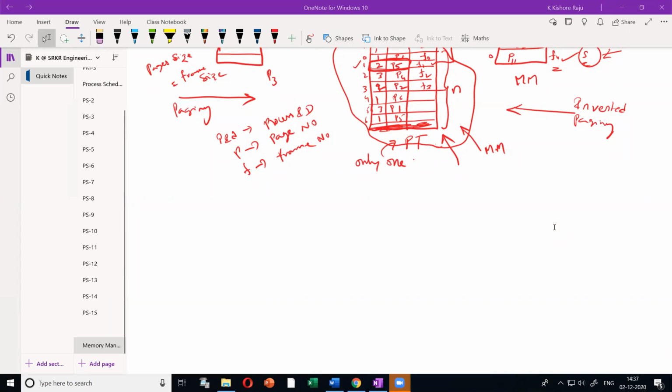Till now we covered swapping, without swapping, with swapping, free space management techniques, paging, speeding up paging, page table structure, multi-level paging, and then inverted paging. These are the concepts that we already covered. If you have any doubt, you can ask me. Otherwise, I'll go for the next concept. The next concept is demand paging.